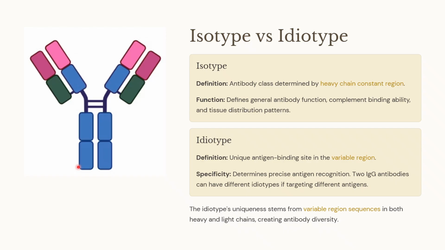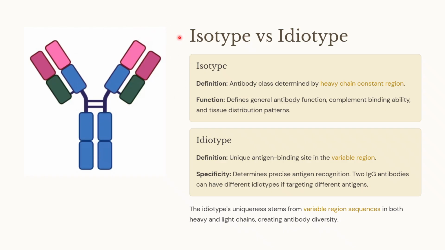So all IgG will have this specific isotype. All the complement will bind with this isotype. And this isotype is responsible for the tissue distribution, like this will be present in basophils, in mast cells. And it is made up of heavy chain. This is the light chain and these are the heavy chains.